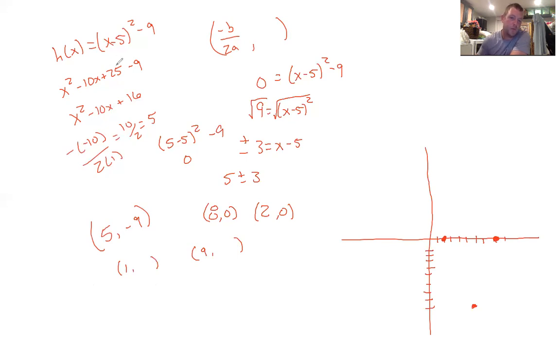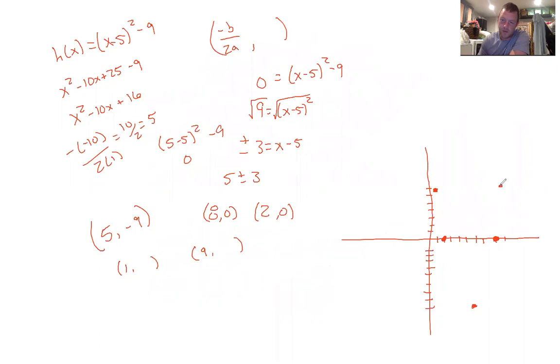When I plug in 1, 1 minus 5 is negative 4. Negative 4 squared is 16. 16 minus 9 is 7. So 1, 7. Then 9. 9 minus 5 is 4. 4 squared is 16. 16 minus 9 is 7.